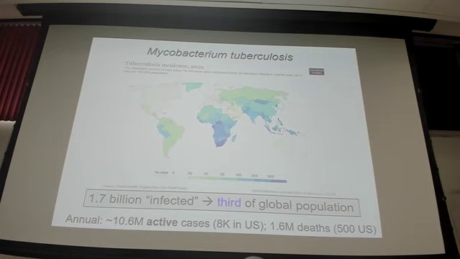Countries like South Africa, North Korea is lighting up pretty darkly, the Philippines, Indonesia, Bangladesh. There are some hotspots for tuberculosis, and for that reason, we take into account travel history with tuberculosis.